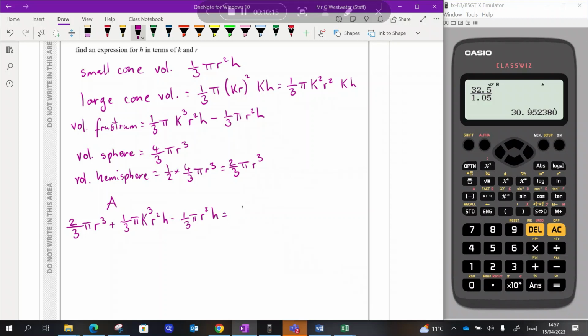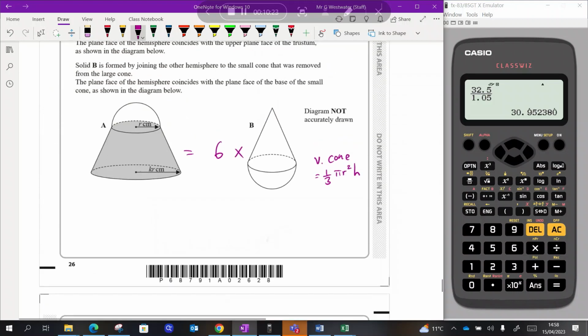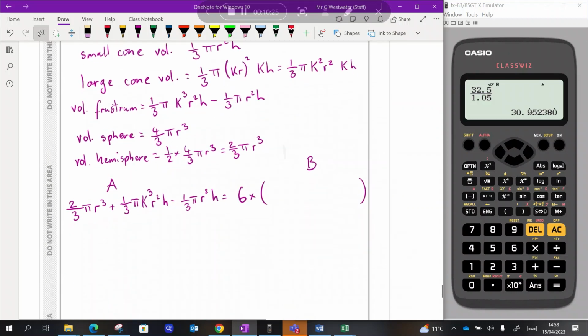And we're told that this equals 6 times B. And B is going to be the small cone. Yes, this small cone, so 1/3 pi r squared h plus that hemisphere again, so 2/3 pi r cubed.